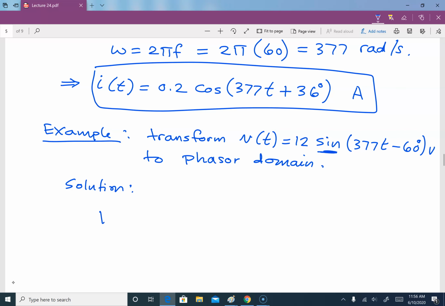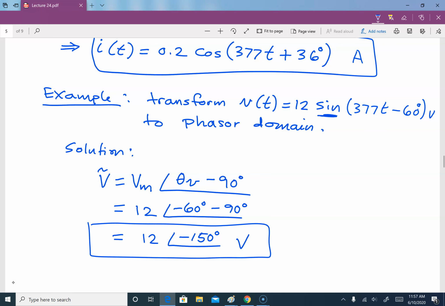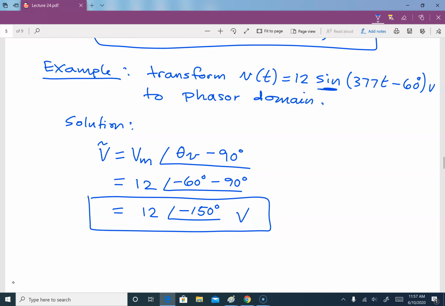To do that, our phasor V is equal to Vm with angle theta v minus 90 degrees, which is equal to 12 with an angle of, our theta v is negative 60, and then we have minus 90. So over here it will be 12 with angle negative 150 degrees volts. And this is the equivalent phasor domain for that time domain quantity.